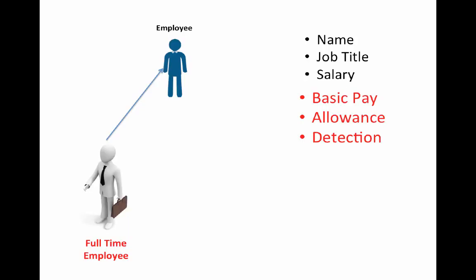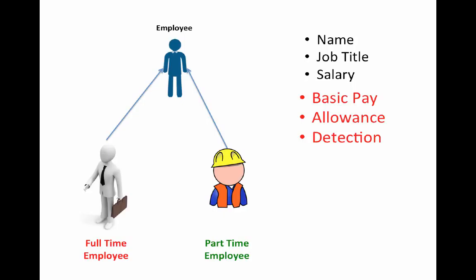And we could have another employee type which is called a part-time employee. A part-time employee is also an employee. He will have a name, a job title and salary, but in addition to this, instead of basic pay, allowance and deduction, he could have an hourly rate per hour, and how many hours he has worked.